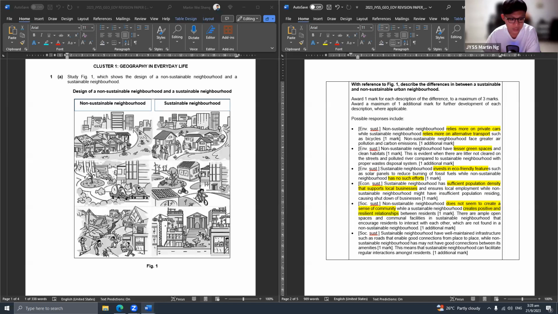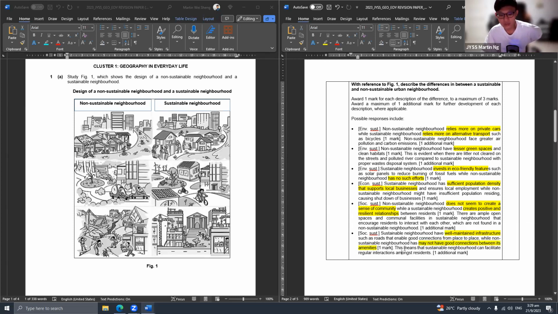So you can see here the effect of the earthquake is being felt, but here they are working together to rebuild the city. And then in a sustainable neighborhood, they also have well-maintained infrastructures, such as the roads, and that enables good connection from place to place. While in a non-sustainable neighborhood, they may not have good connections between its amenities.